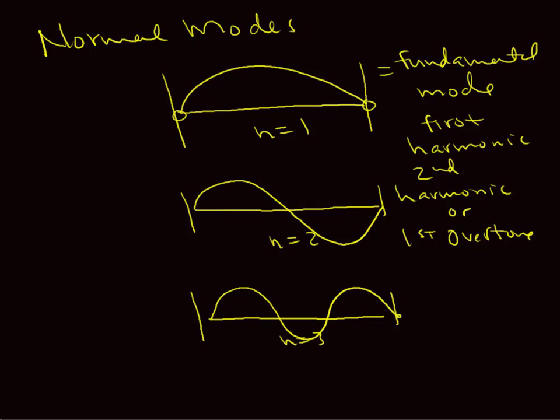Again, the amplitude, our boundary conditions, are equal to 0 and 0 at the beginning and the end of the string. Remember that this is 0 at the beginning of our string, and L at the end. And this is our third harmonic, or second overtone.